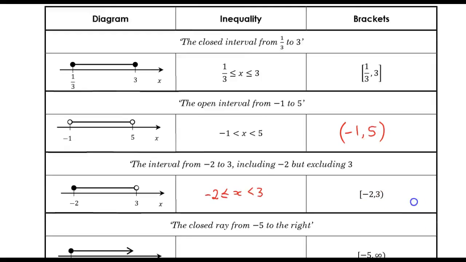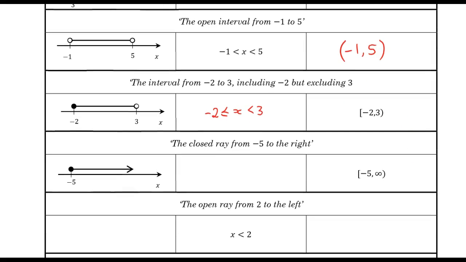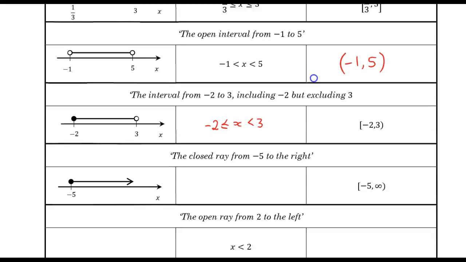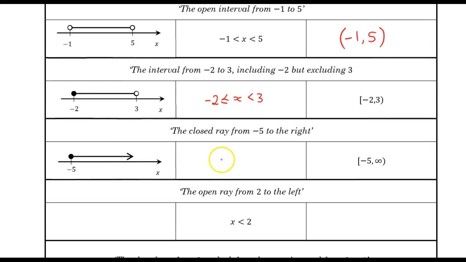Here we have a ray, so this represents all of the values greater than and including -5. We should be quite familiar with our symbolic representation here, and that's going to be x is greater than or equal to -5.